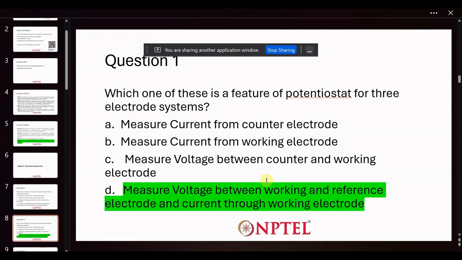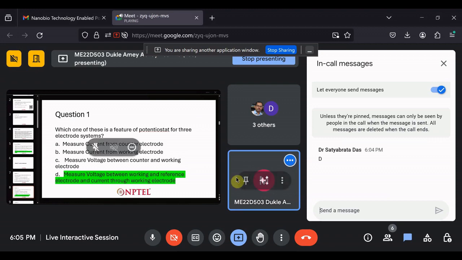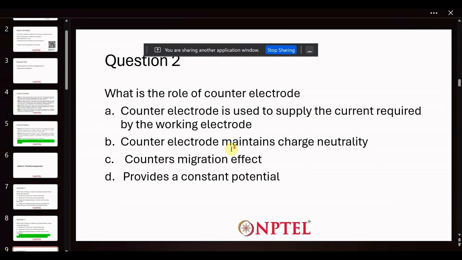That is how the entire setup works. So it measures the voltage between the working and the reference electrode and the current through the working electrode, but it is also connected to the counter electrode. If you are confused about how the potentiostat works, it has three terminals and it is connected to all the three electrodes in the system.